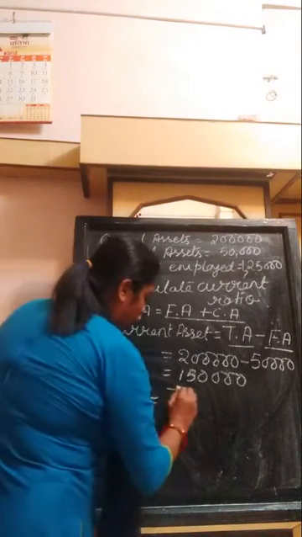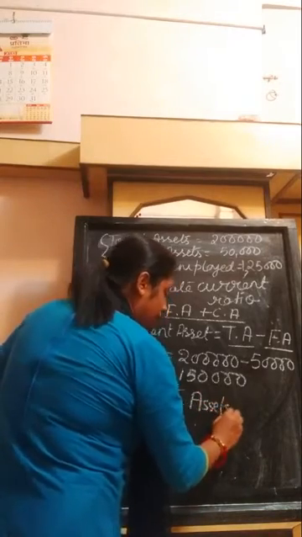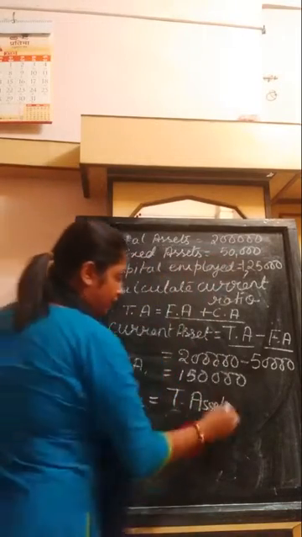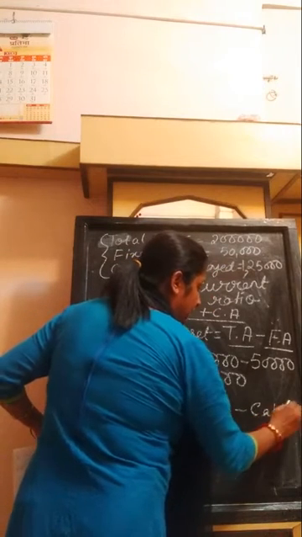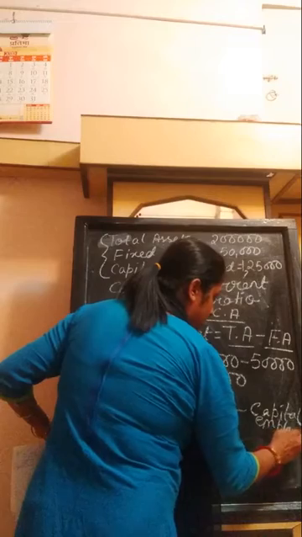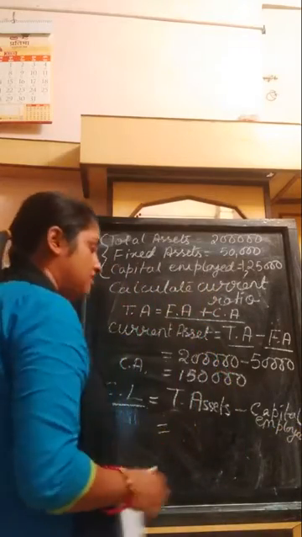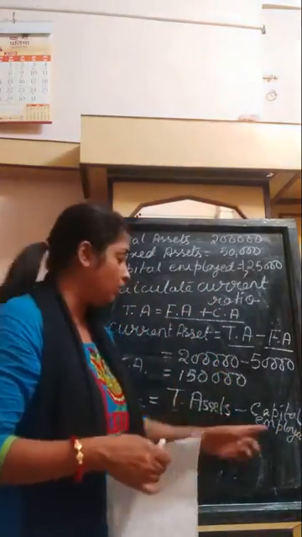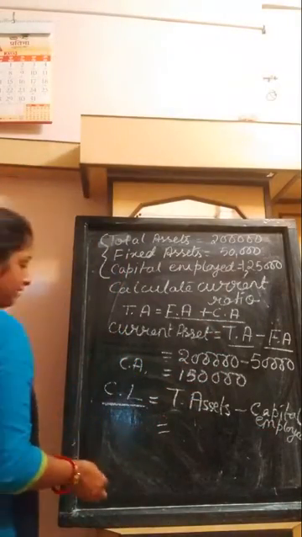CL means total asset or total liability, both are same, in this sum total assets is given, minus capital employed. If we deduct these two, we get current liabilities, because total liability was equal to capital employed plus current liability. That's why we get the current liability.